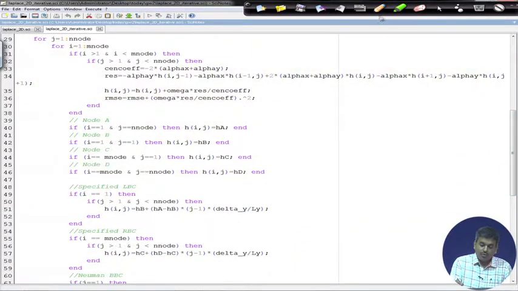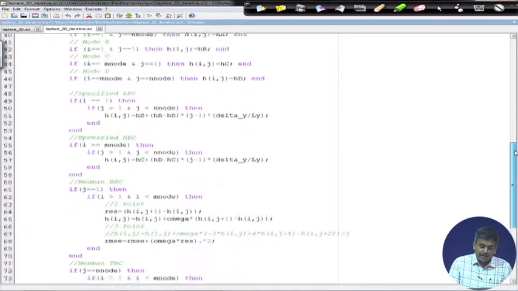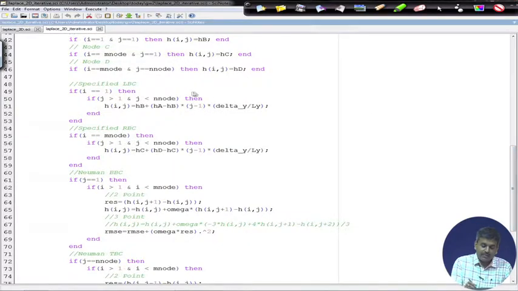The same thing I am implementing for node 1. For node A, B, C, D, I can directly specify the values. Then for the specified left boundary condition, again for h_ij I can directly specify the values.